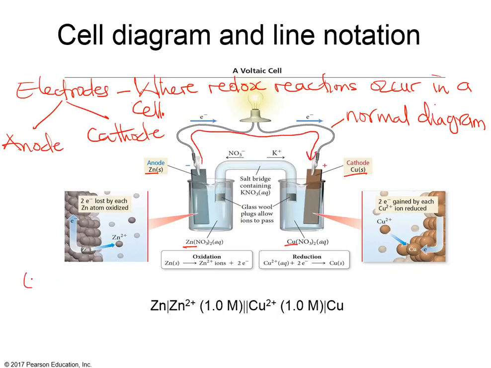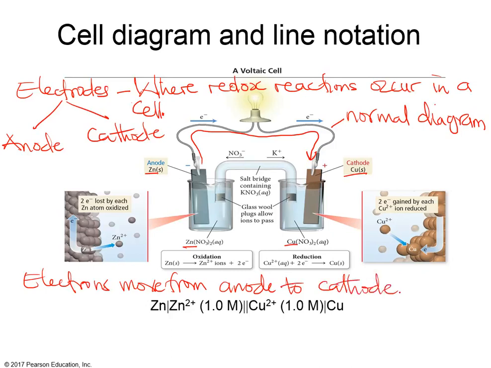So electrons move from anode to cathode. So take note of that. So those are the things that you need to understand.